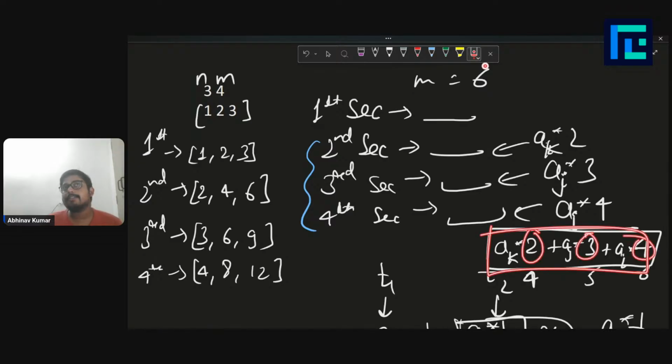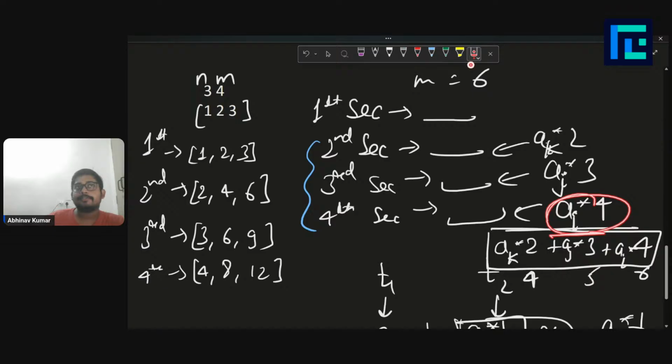So how do you maximize this value? It would be maximized if the maximum array value goes with the maximum coefficient. Having a greater value multiplied by 4 and a smaller value multiplied by 3 is more beneficial than a smaller value multiplied by 4 and a greater value multiplied by 3. So in the last second, where we have the most amount of time, we would pick the oven having the greatest value, then the next greatest, then the next greatest.